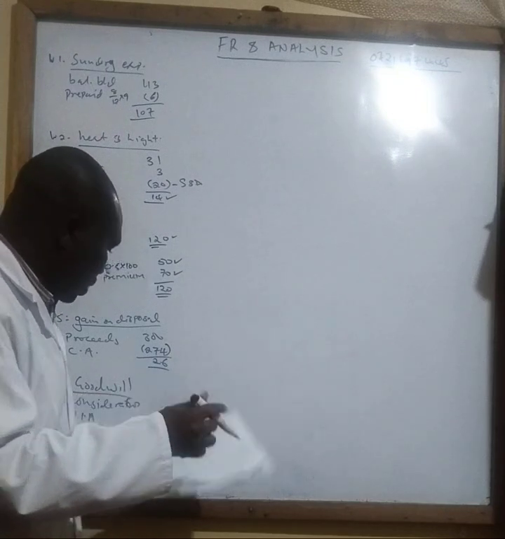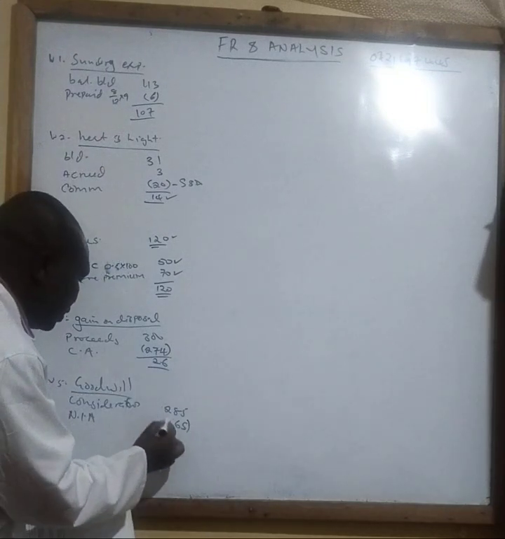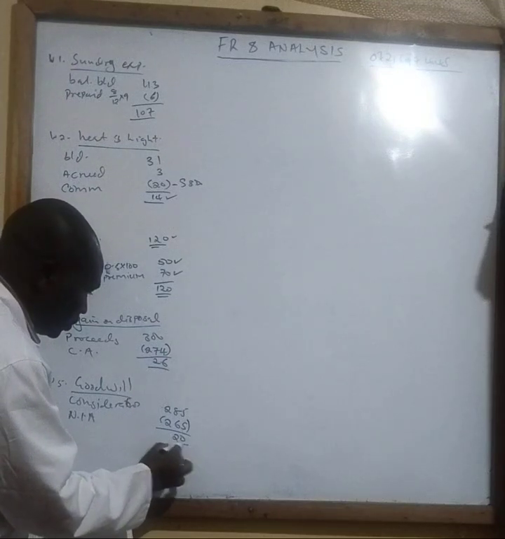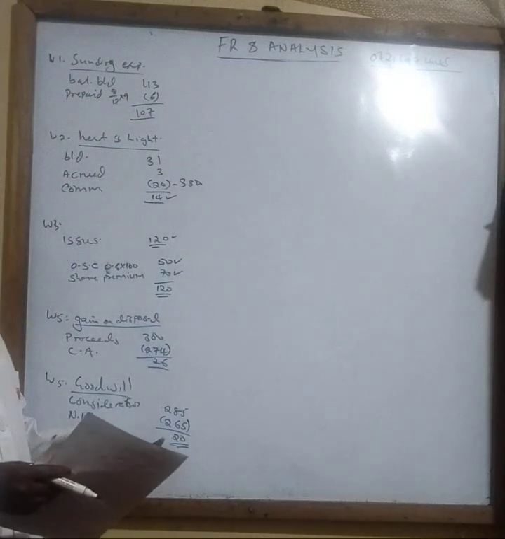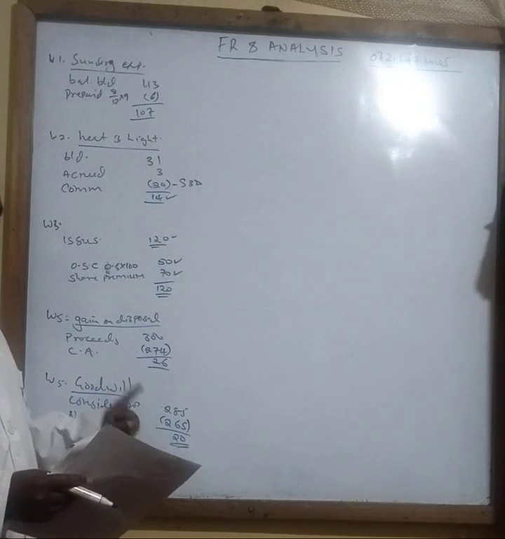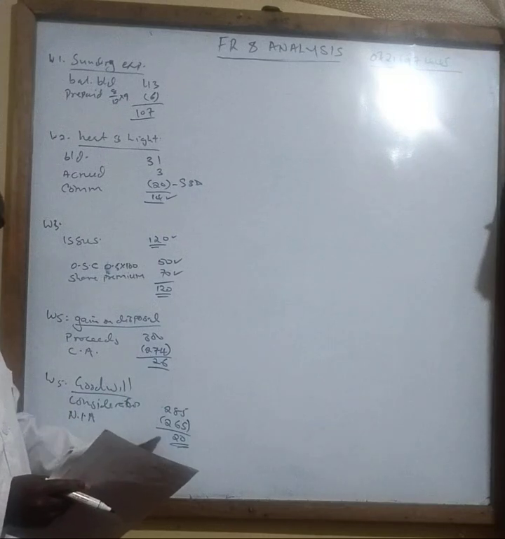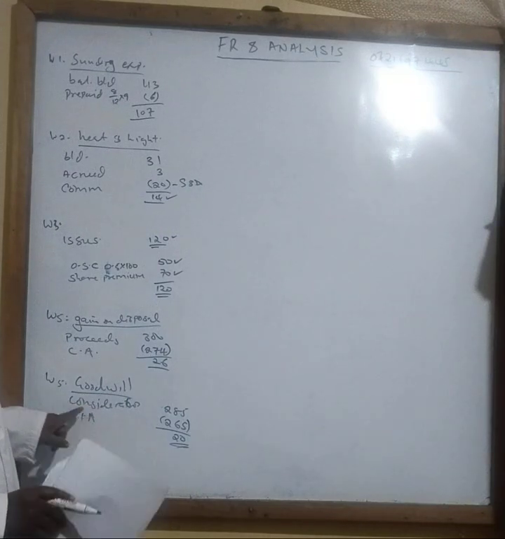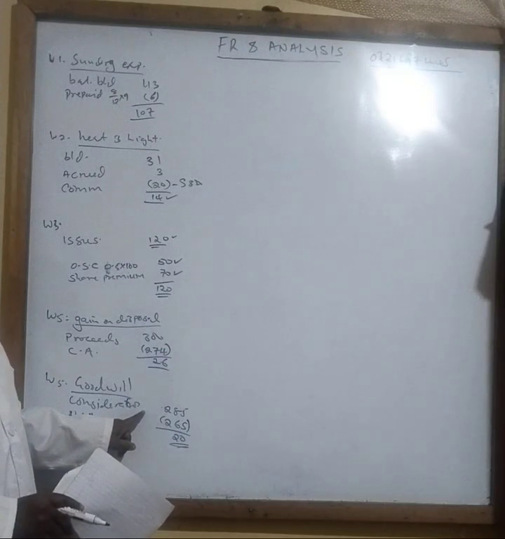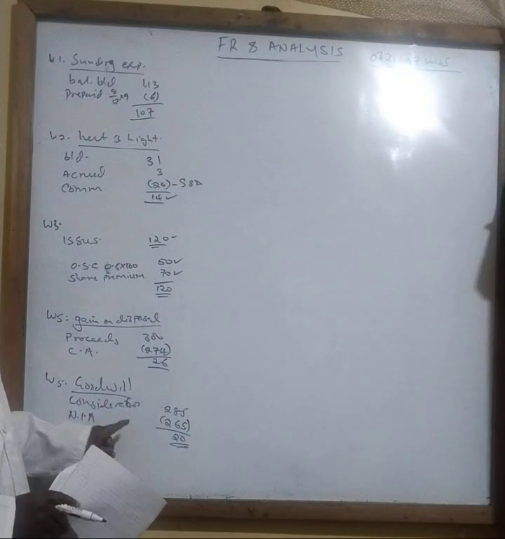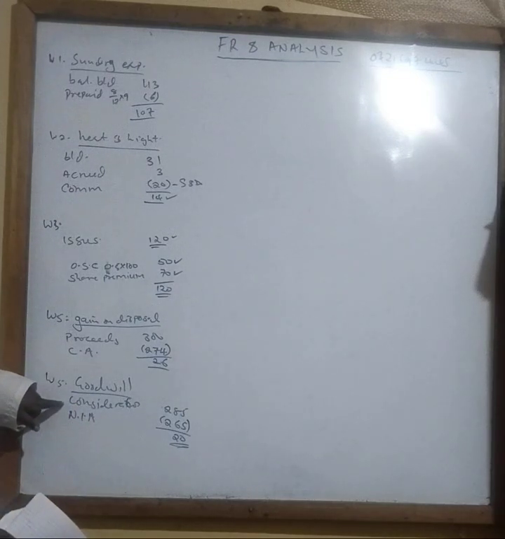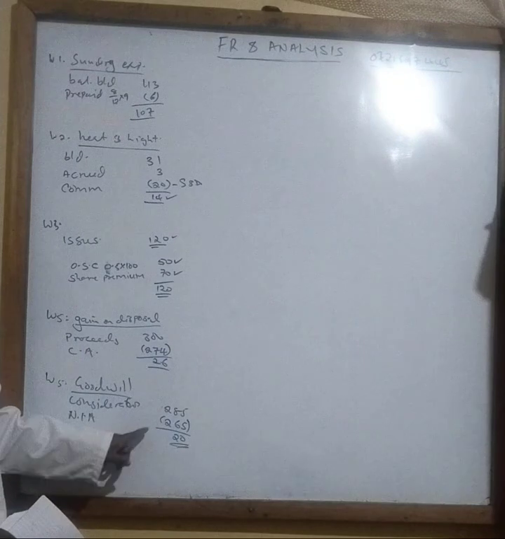Let me check. Yes, 265. So the balancing figure, if you subtract this, is goodwill of 20 shillings. Goodwill is an intangible asset, so it automatically belongs to the balance sheet. We shall be covering the same again under consolidation of financial statements. Don't worry about it, but just understand goodwill is consideration minus net identifiable assets.